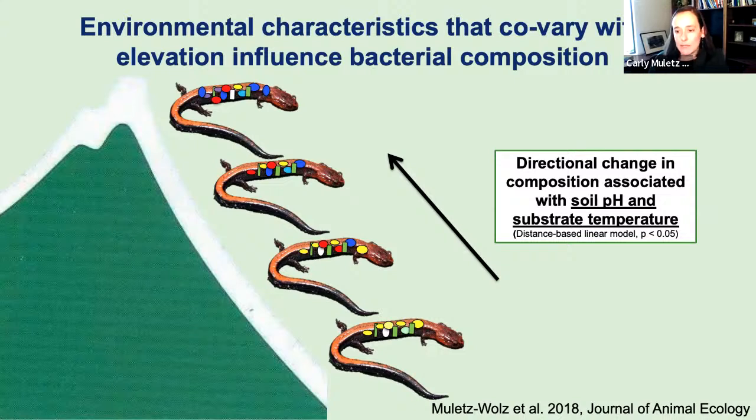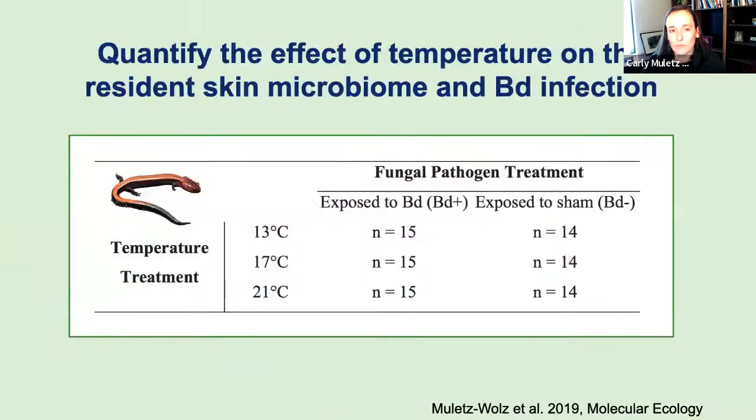So we then did some distance-based linear models to try to figure out what it was about the environment that might have been influencing the microbial community. And from a whole suite of different environmental factors, we found that soil pH and substrate temperature were linked to this directional change in composition.